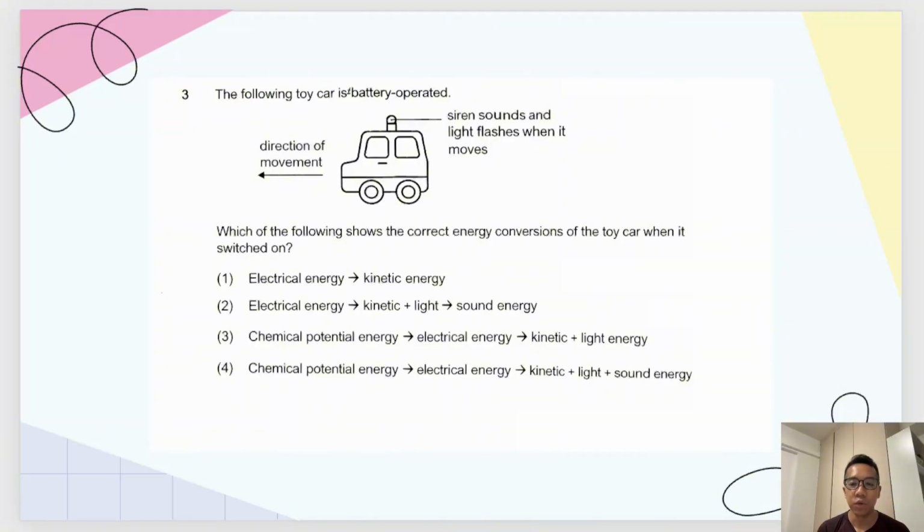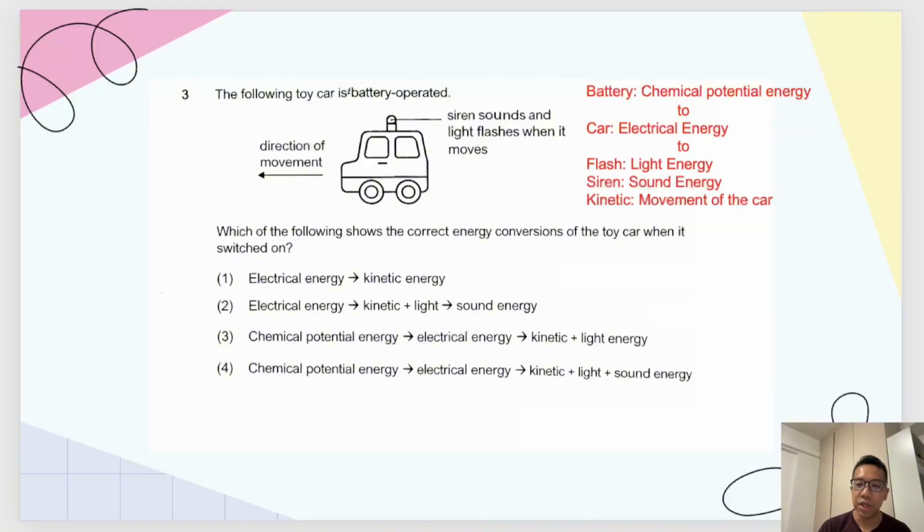Okay, so just to recap everything that we've talked about so far, we start off with the chemical potential energy that is present in the battery. In this case, it possibly could be alkaline batteries because you are probably using AA or AAA batteries. And then from there, it is converted to electrical energy that powers the car.